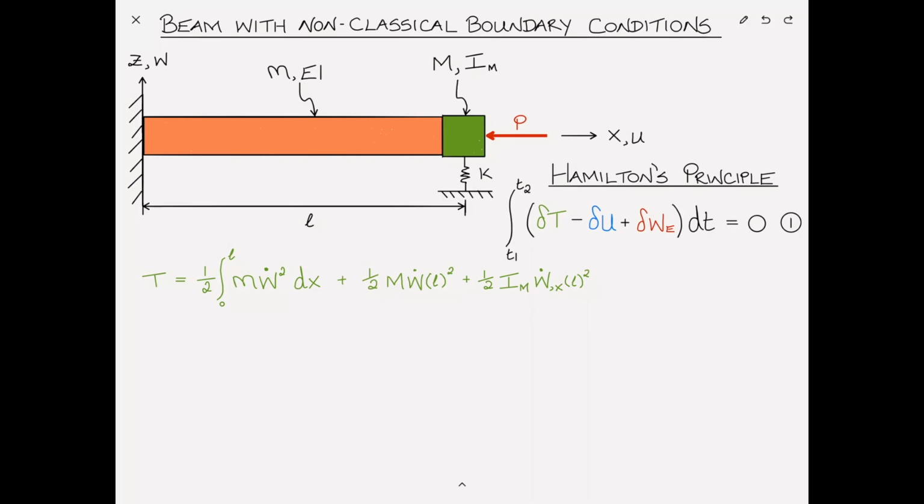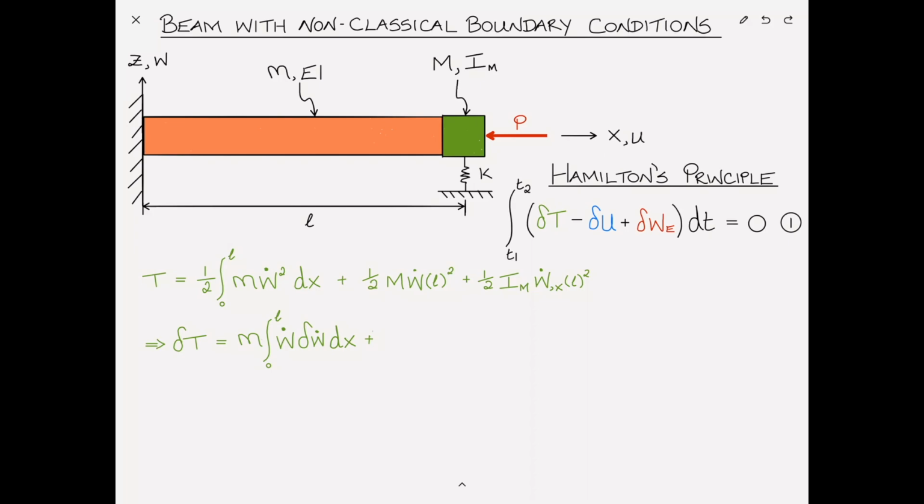So using this expression, we can find the variation of the kinetic energy. Del T is equal to, since the mass is constant, I can take it outside of the integral, and we get m times the integral from 0 to L. The 2 cancels the half, and I'm left with w dot del w dot dx.